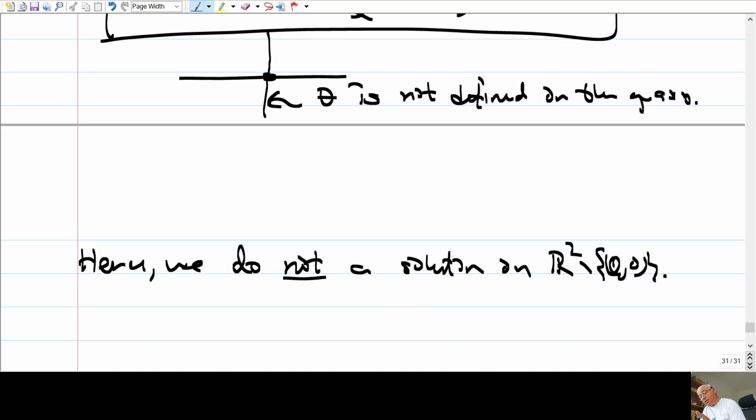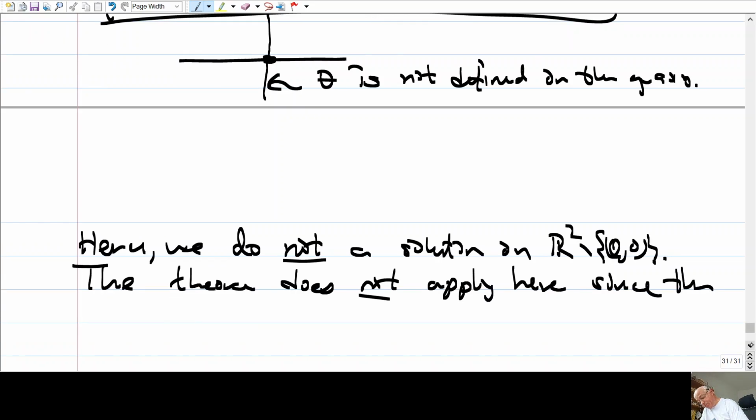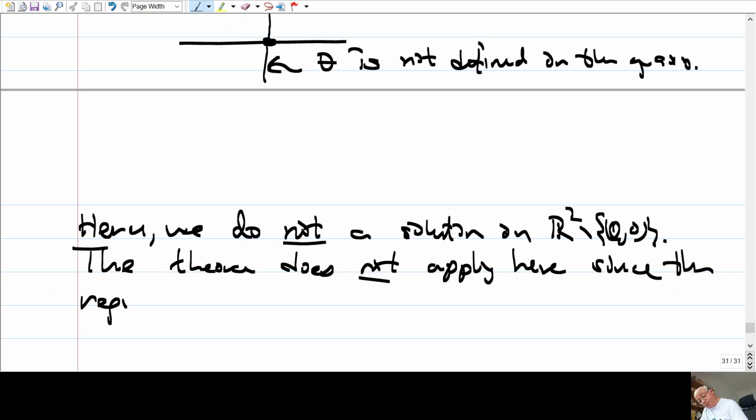The region is not simply connected. The theorem doesn't apply here since the region R2 minus (0,0) is not simply connected.